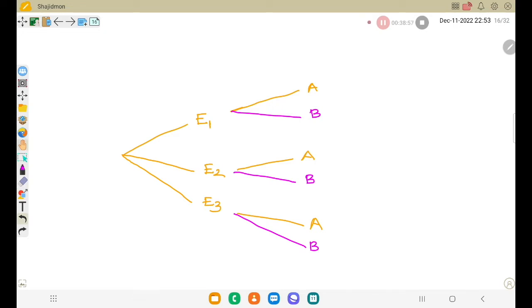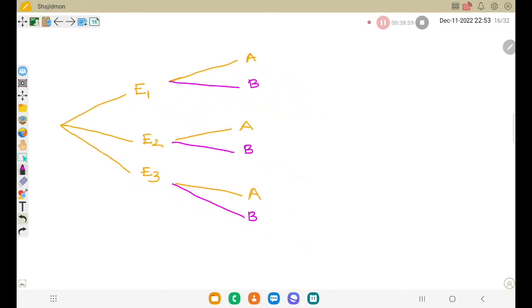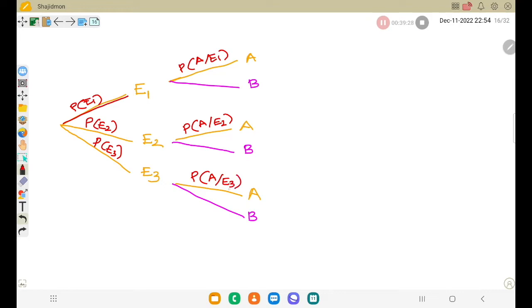Now just now we discussed how to calculate the total probability, correct? Now this line is representing probability of E1, we can write here probability of A given E1, and this line probability of E2, this one probability of E3, and here probability of A given E2, and here probability of A given E3, correct?